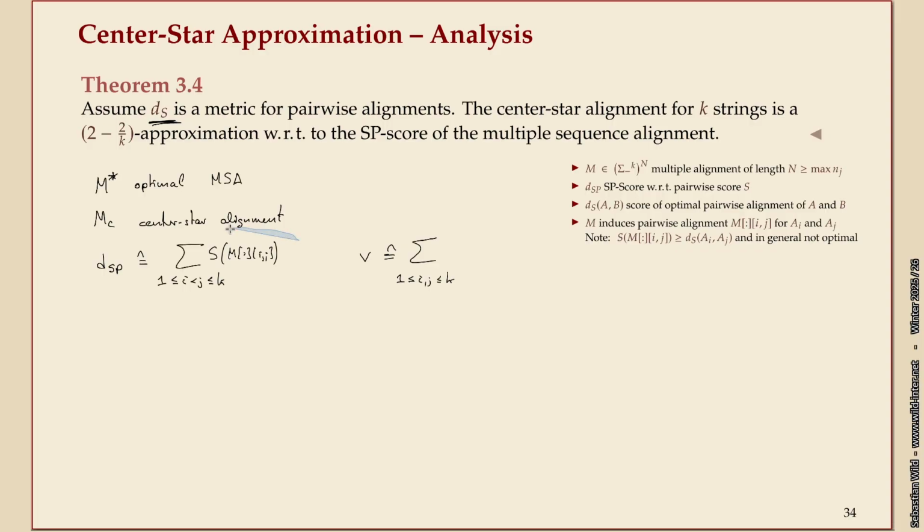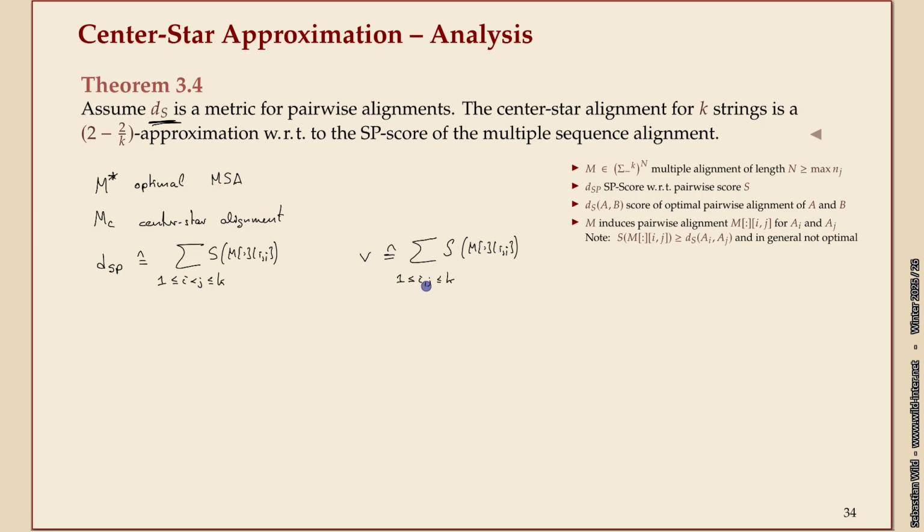V is a bit nicer to calculate, but really, if you're summing over all ordered pairs, then you're just summing things twice.